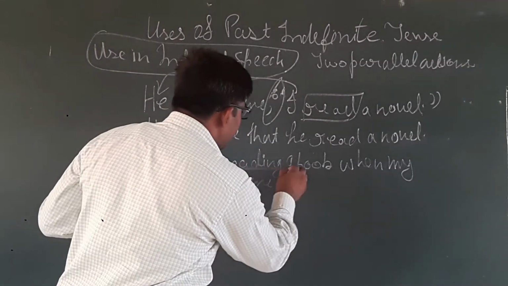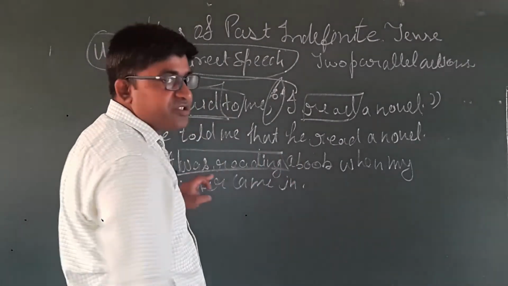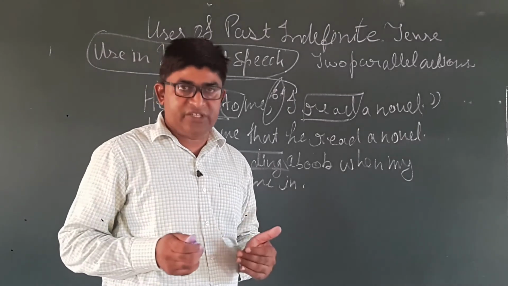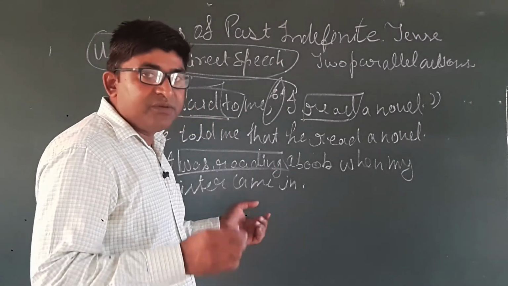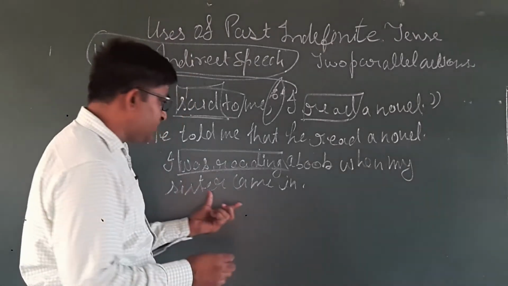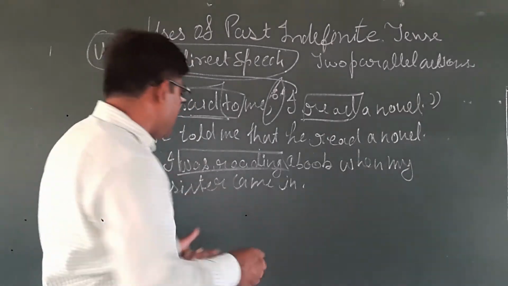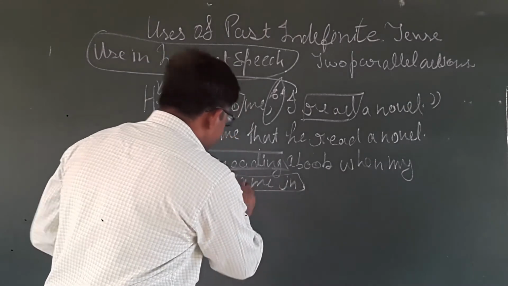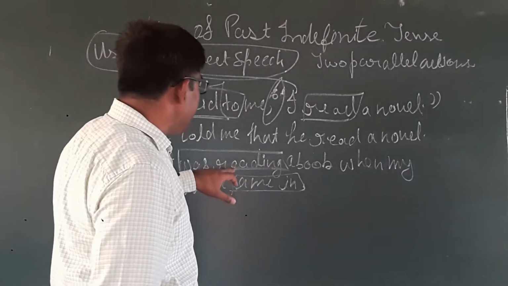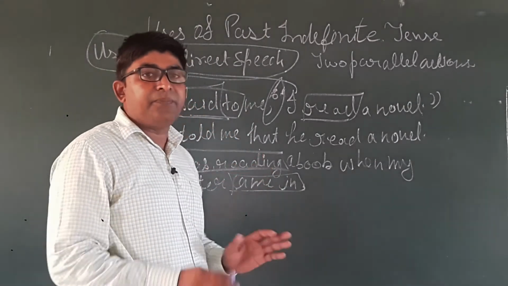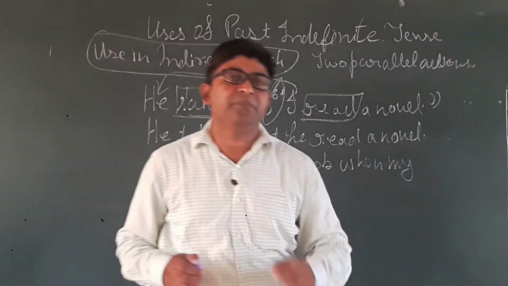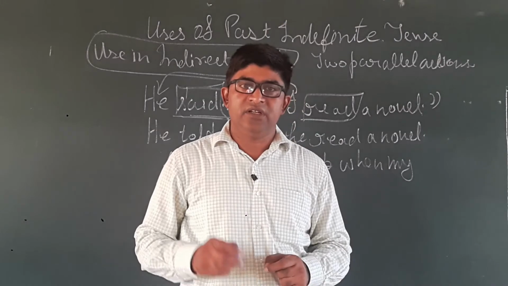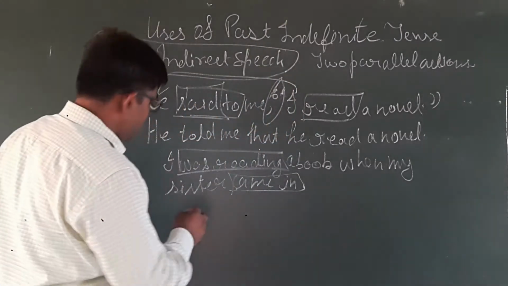I was reading, past continuous, means action was in progress. Side by side second action took place, action by my sister, that she came in. So if one part of the sentence is in past continuous, the second part of the sentence may be in past indefinite. Take one more example.